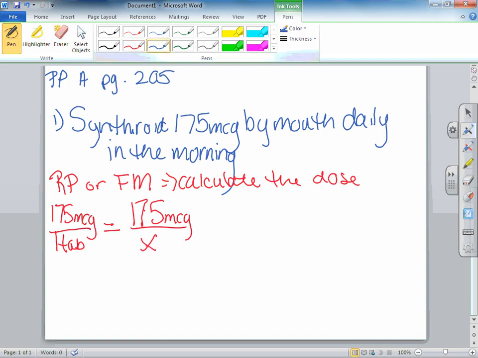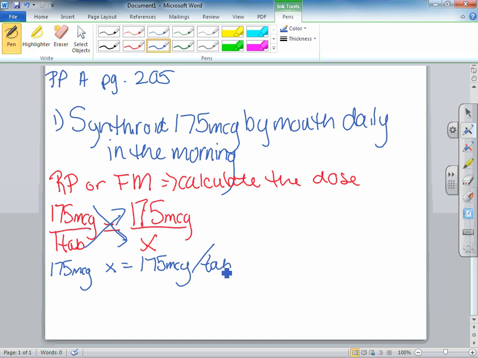In order to solve, you just crisscross multiply. So that's 175 micrograms times X equals 175 micrograms per tab. Per just only means division, per tab.